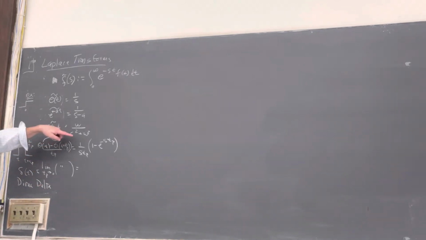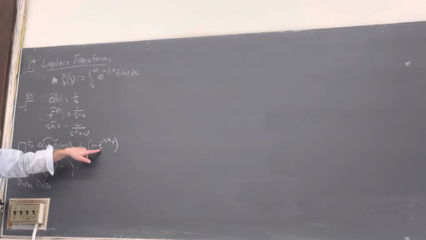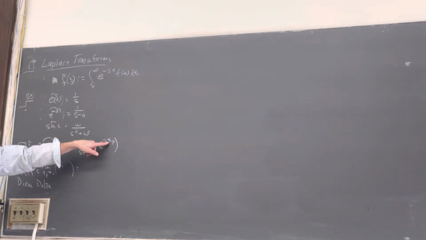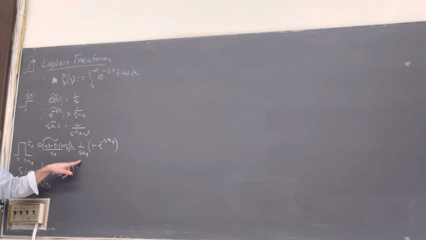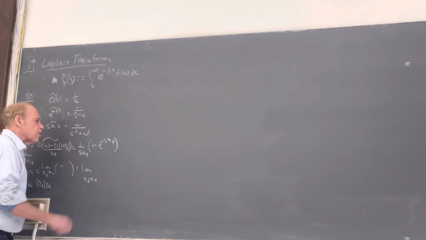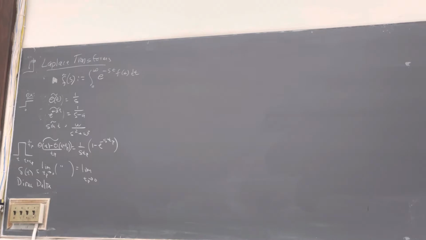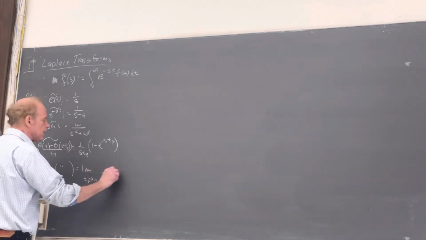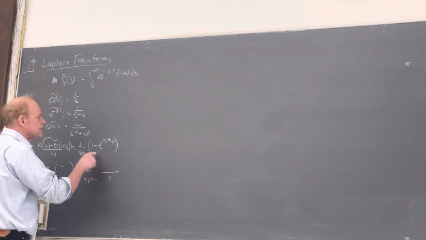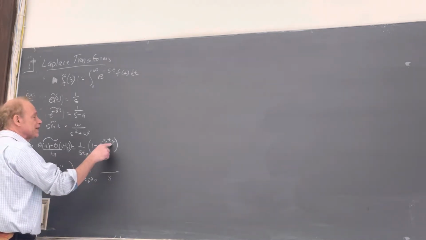Let's see what happens when I do this. When Tp goes to 0, I have 1 minus 1 in the numerator, so I get 0 in the numerator and 0 in the denominator. So whose rule do I need to use if I want to take the limit of 0 over 0? Calculus, whose rule do I use? L'Hopital. So I take the derivative with respect to Tp of the denominator, which is s, and the derivative with respect to Tp of the numerator.